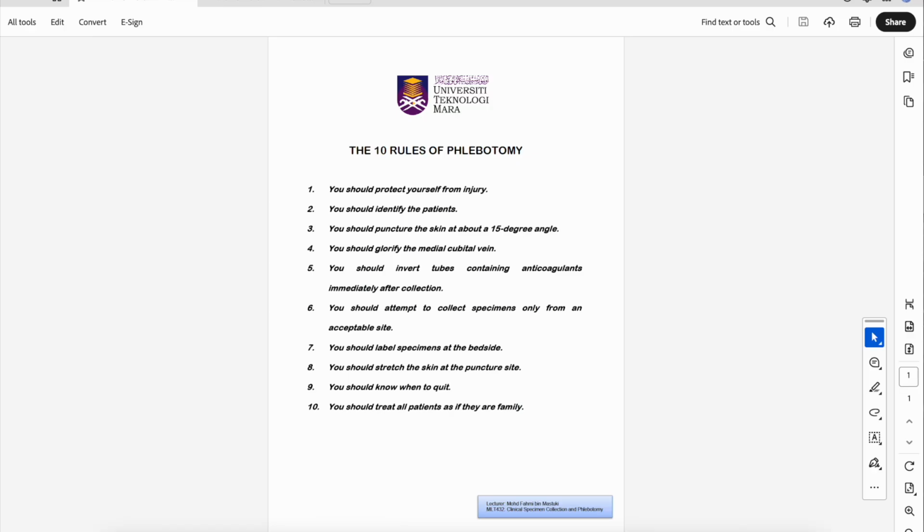I would also like to take a moment to remind you that everything we have covered throughout this course is summarized in these 10 key rules of phlebotomy. These rules are crucial for ensuring proper technique, patient safety, and the accurate collection of clinical specimens, which are essential to your success as competent professionals in the field. Let's look at these rules one by one.